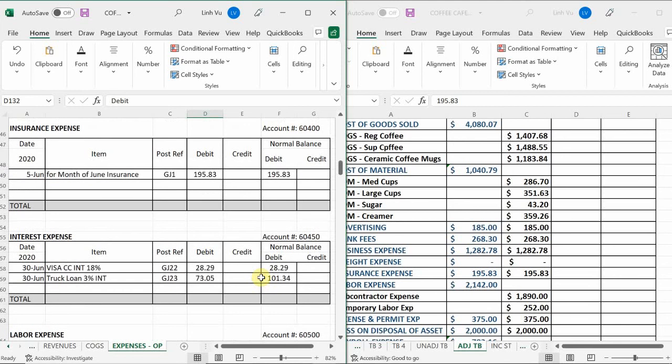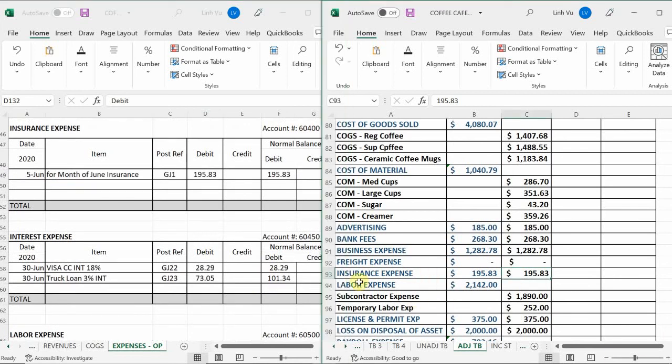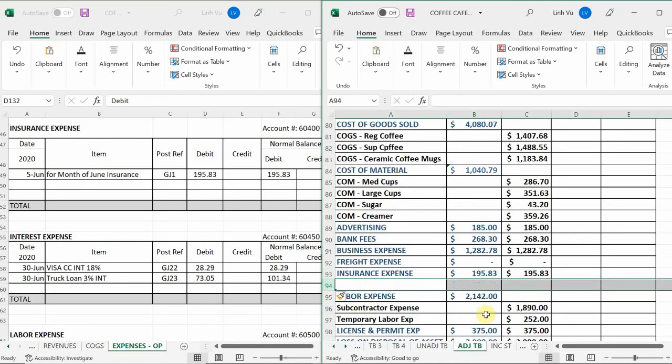I have interest expense, so I need to include that in here. To be a total of, let's see, my interest expense is 101.34.